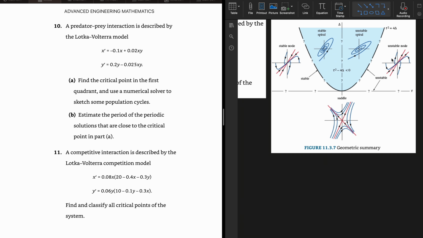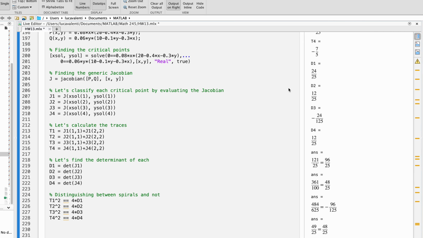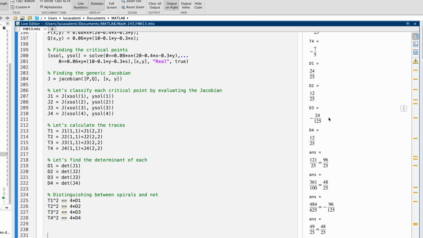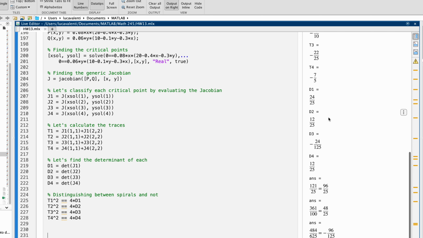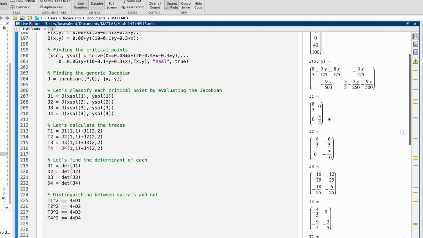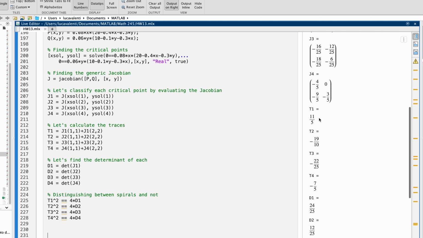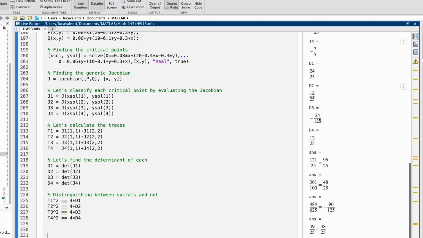So we are talking about unstable nodes or stable nodes. So for example, we look at the first one. The first one was unstable, and then we look at this, and this tells us that for D1, where's D1? This is D1. This is unstable. This is an unstable node.